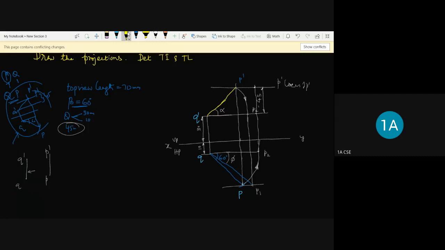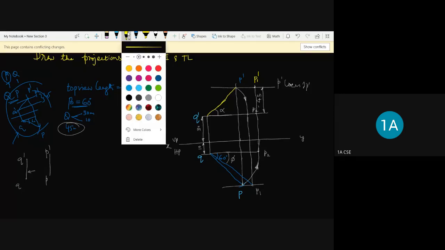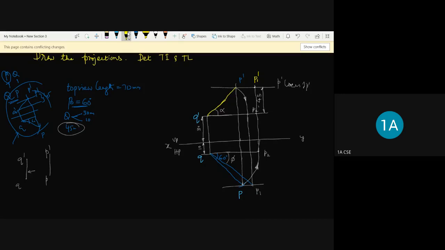That point will give you P1 dash. Now join this P1 dash, you can use a very light line. So this represents the true length and the angle is theta. What he asked was theta, phi, and the true length of the line, so we can obtain them from this. That's all. This is how we can solve the problem.